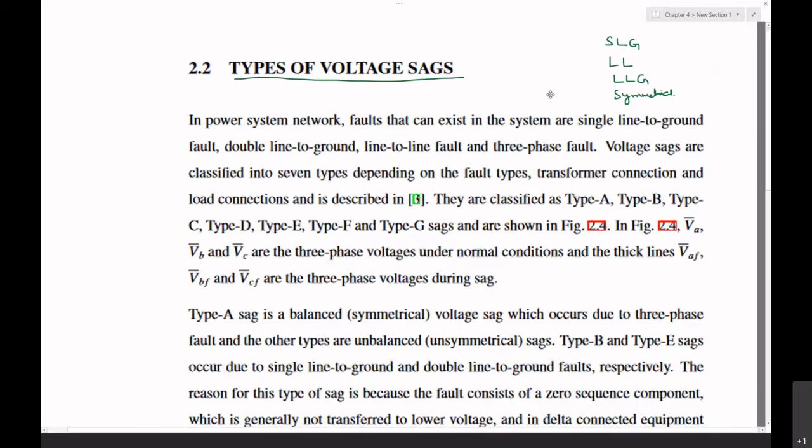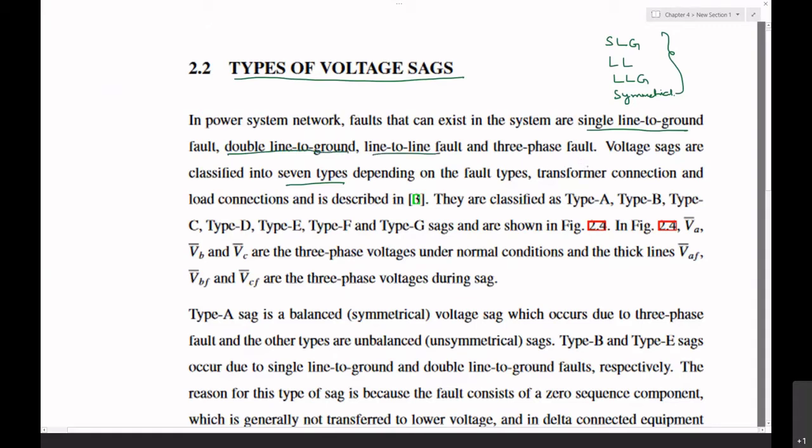Based upon the transformation of the fault, the voltage sag description I've given is here: single line to ground fault, double line to ground fault, line to line fault, and the three-phase fault.